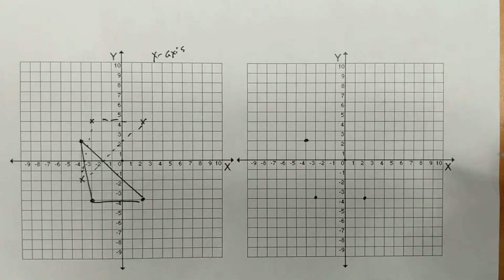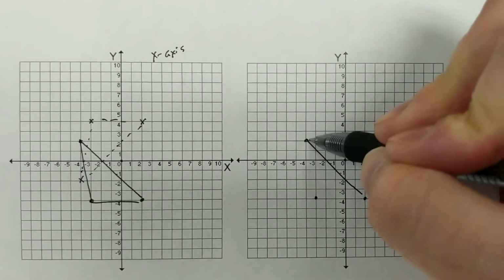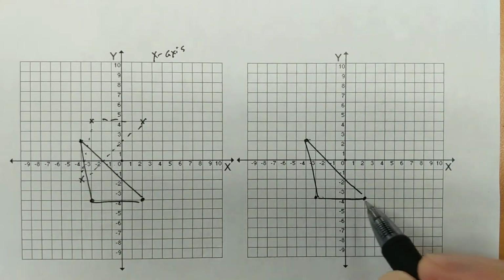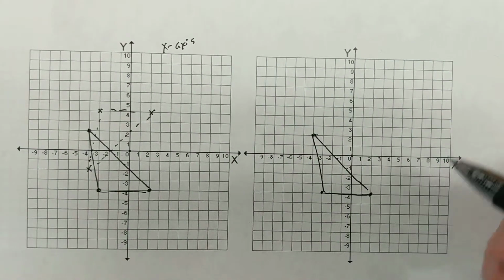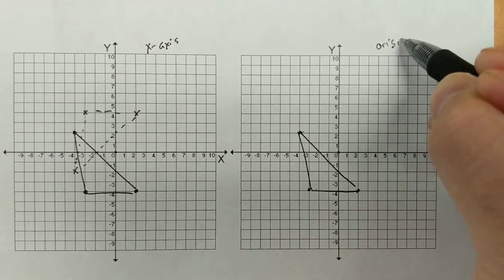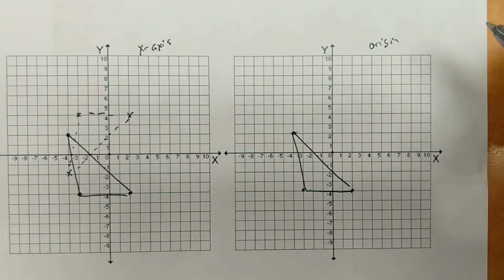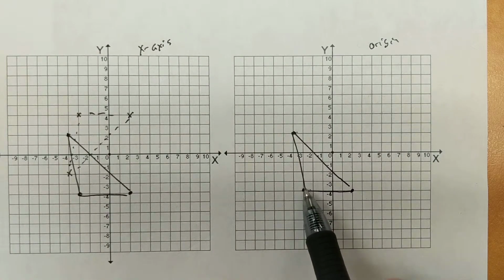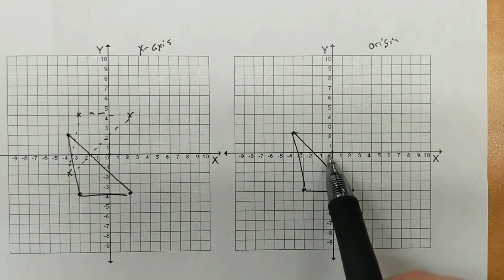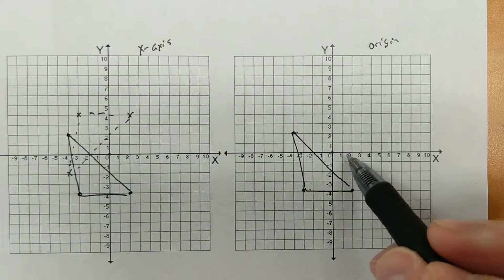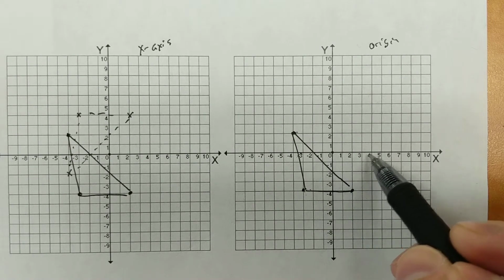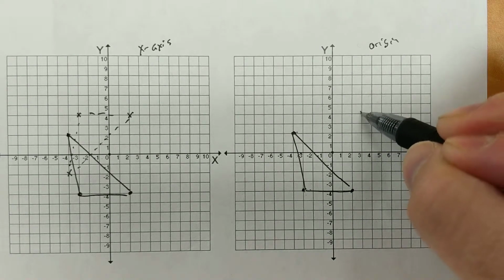All right, so the second part of that example said reflect across the origin. So that's flipping everything over, so that's flipping in both directions. So this one that was 3 left and 4 down will become 3 right and 4 up.